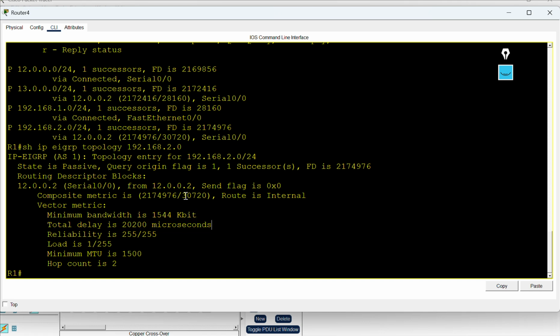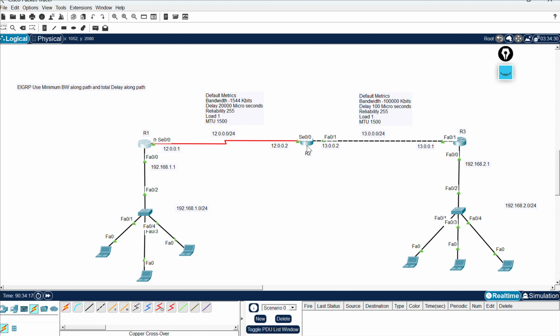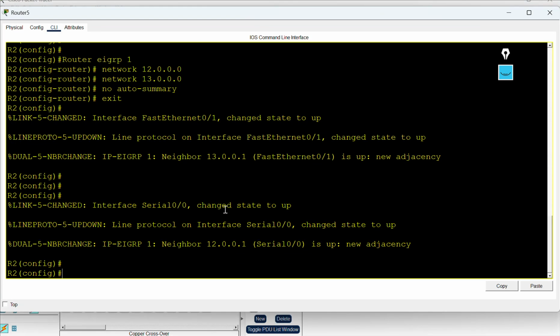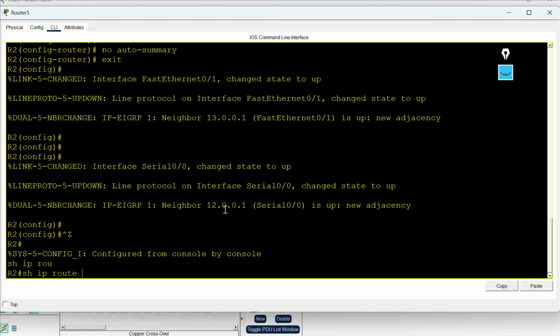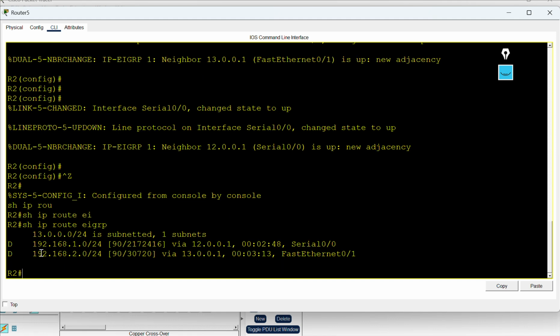See here 3072. 3072 is actually, from R1, the advertised distance. But simply say it is the feasible distance of 12.0.0.2. If you see the R2 routing table, or topology table, show IP route EIGRP, see here. From here to reach 192.168.2.0, what is the metric here? 3072. This is the feasible distance.